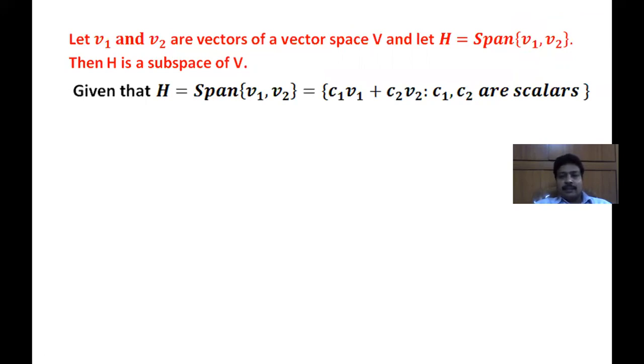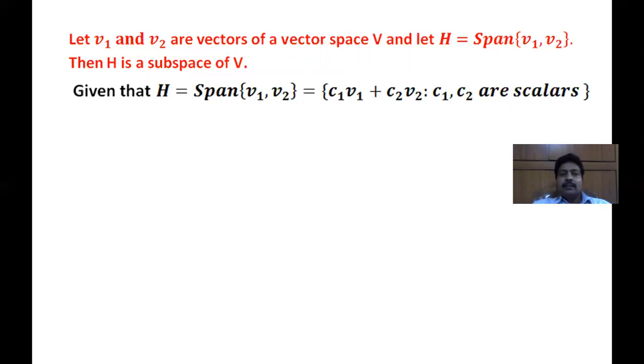These are accepted results. So this theorem is: let v1 and v2 be vectors of a vector space V, and let H be equal to span of v1, v2. So here we have taken only two vectors.